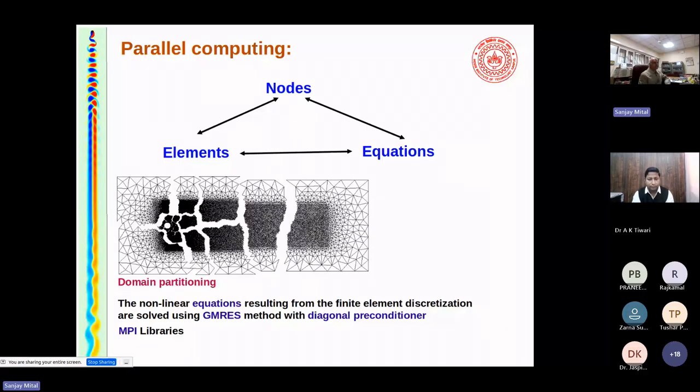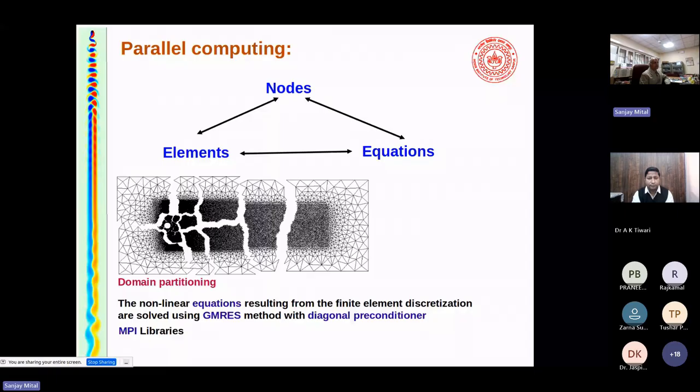So you employ three data structures: nodes, elements, and equations, and information has to be passed between these. So just to give you an idea, if you are using a finite element method, then the nodal coordinates and the unknowns are stored at nodes, but then you have to carry out integration of the equations. Those are carried out at the elemental level.